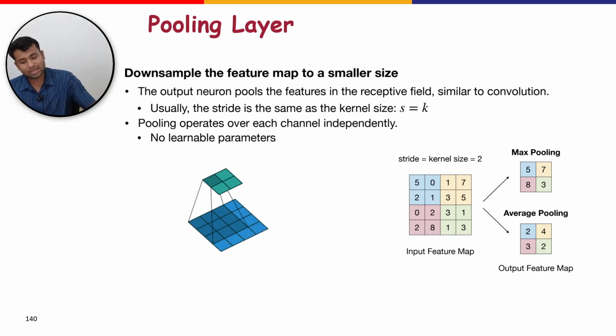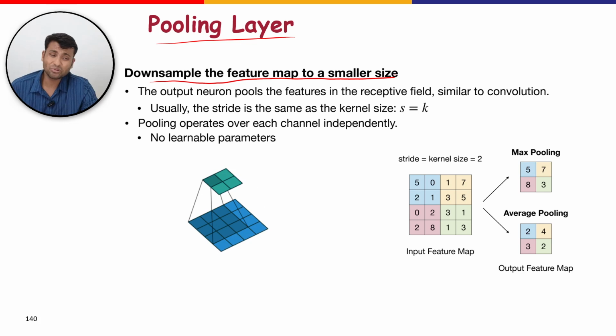Now another way to actually downsample the feature map is by using the pooling layer. Downsample the feature map to a smaller size, because ultimately we want to reduce the number of computations and we want to increase the receptive field. So the output neuron pools the features in the receptive field similar to convolution. First, let's discuss what a pooling layer is.